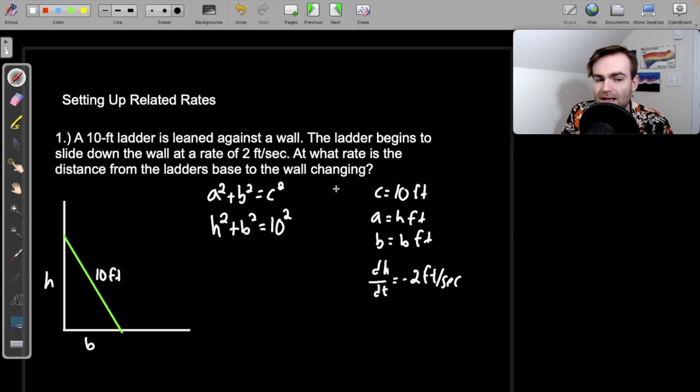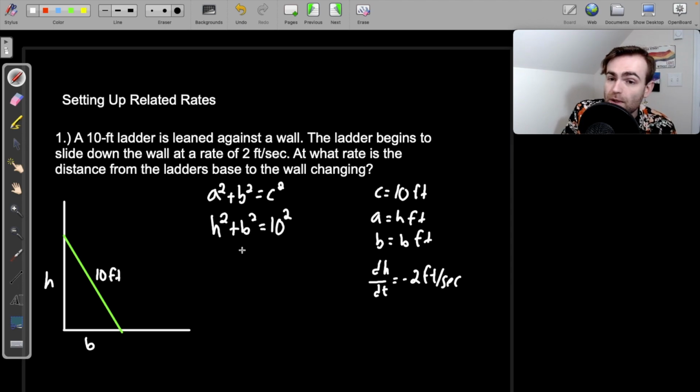It doesn't tell us at what time any of this is occurring. It doesn't tell us like when the height is 2 feet from the floor or something like that. If they told us exactly when they're wanting the information, we wouldn't plug that in right now. We would just set up this equation. But since the 10 is going to stay 10, like the length of the ladder itself is never changing, it's okay to plug that in now.